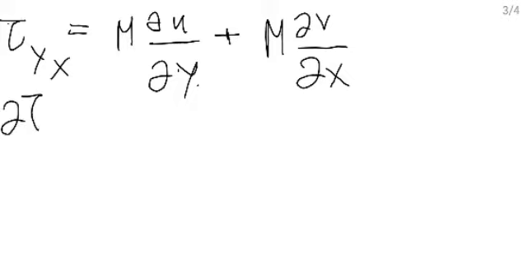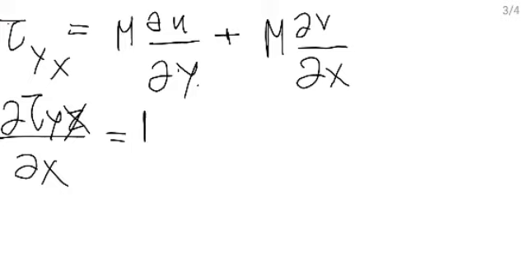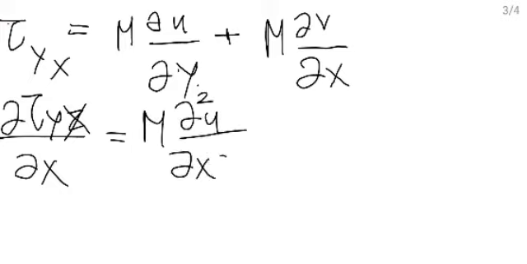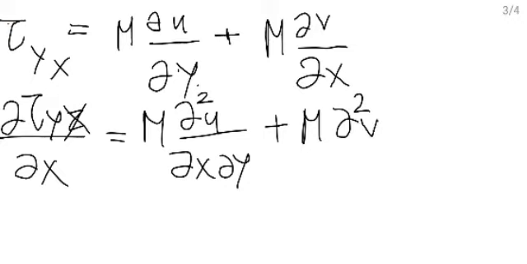So variation of tau yx along y can be given by mu dou square u by dou x dou y plus mu dou square v by dou x square.